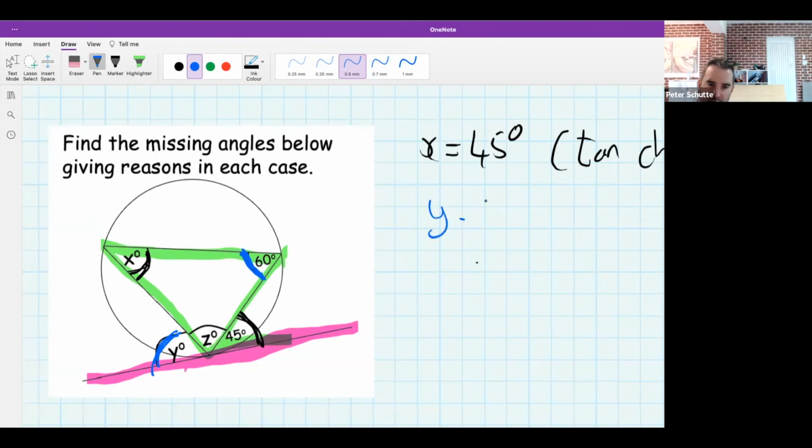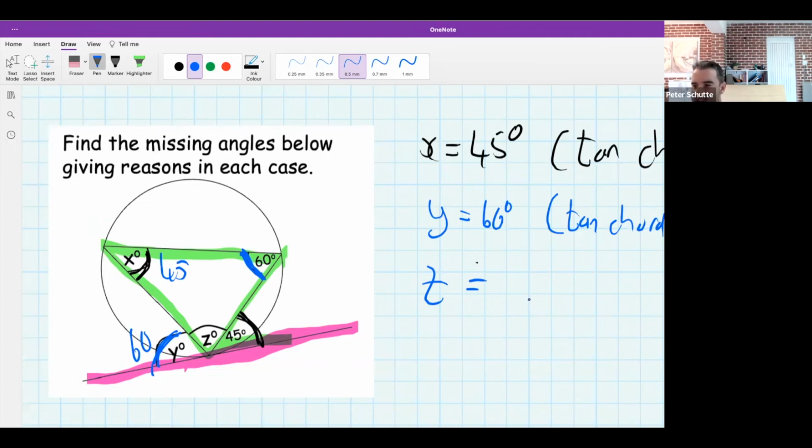Yeah, so y is 60 degrees, and the same reason applies. It's just going to be the tan chord theorem. So this is 60, this is 45, and then what's z going to be? There's no center of the circle here, but there is still geometry.